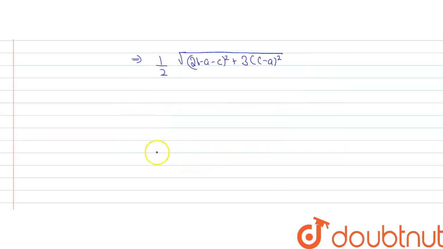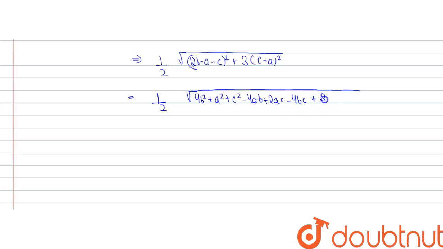So now we'll solve it further and we'll open the bracket which is given to us. By opening this bracket we'll get 4b square plus a square plus c square minus 4ab plus 2ac minus 4bc plus 3c square plus 3a square minus 6ac.